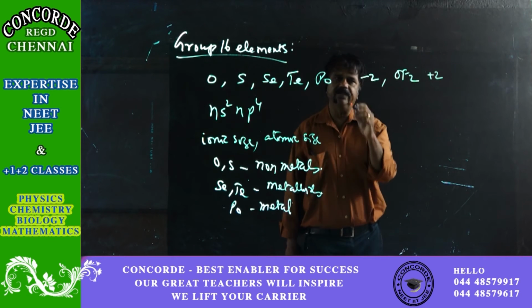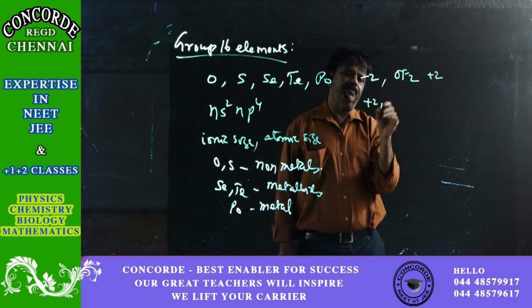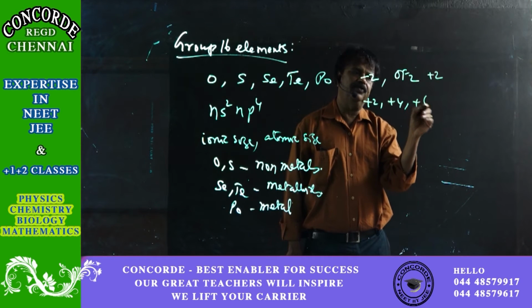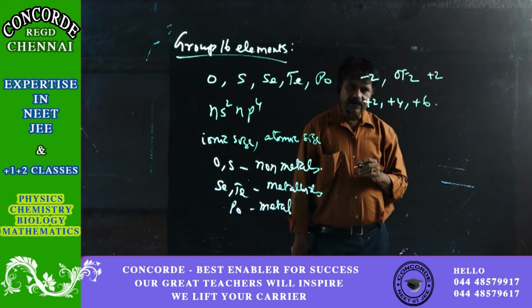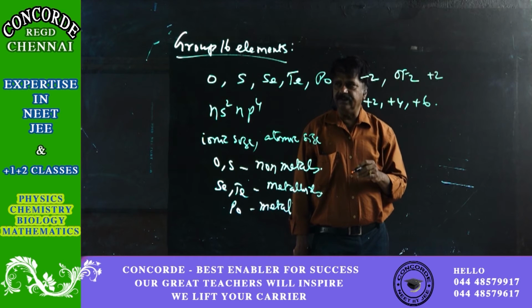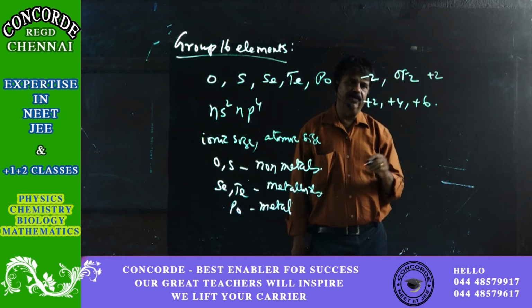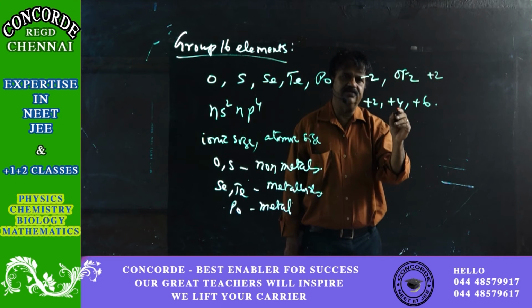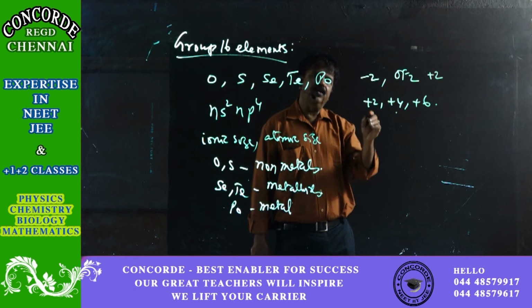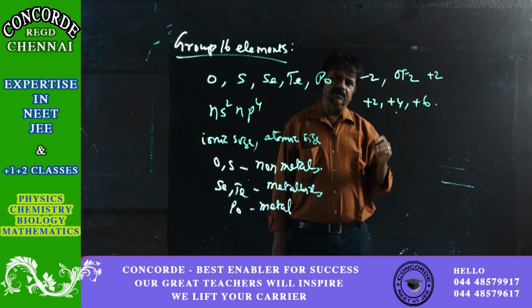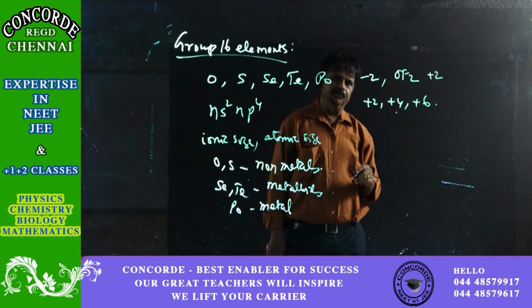For other elements, the oxidation states range from +2, +4, +6. If you take sulfur, selenium or tellurium, the prominent oxidation states are +4 and +6. The ability to have a +4 oxidation state increases down the group.